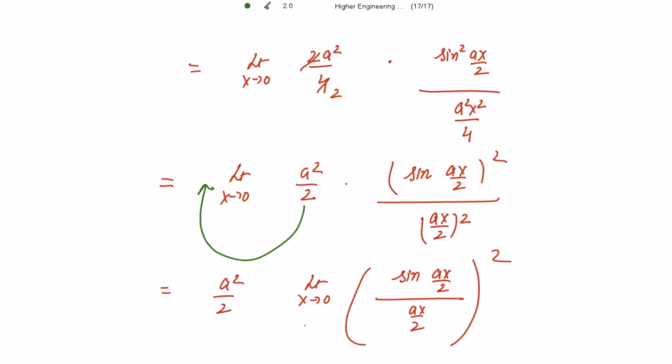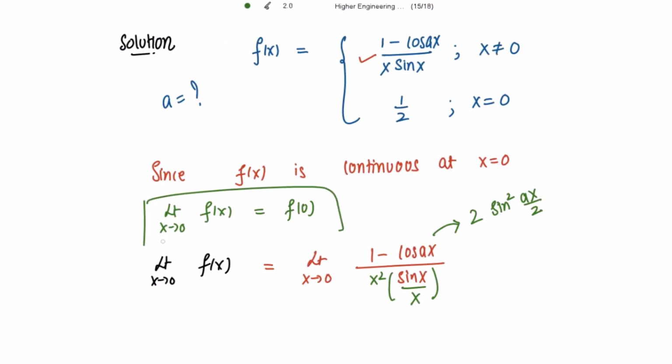And we understand that this limit is equal to 1, because limit t tends to 0 of sine of t divided by t is equal to 1. Here t is ax by 2. So this limit is 1. So we are getting a square by 2. That means limit x tends to 0 of f(x) is equal to a square divided by 2.